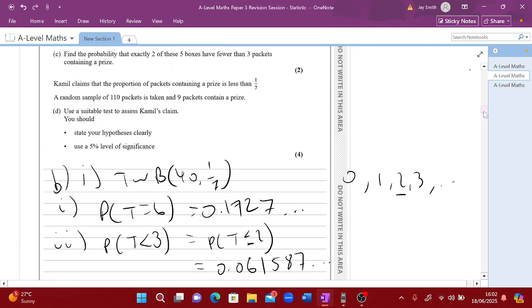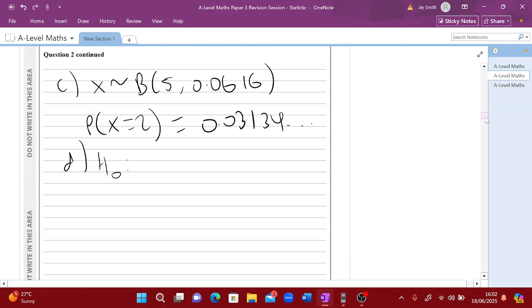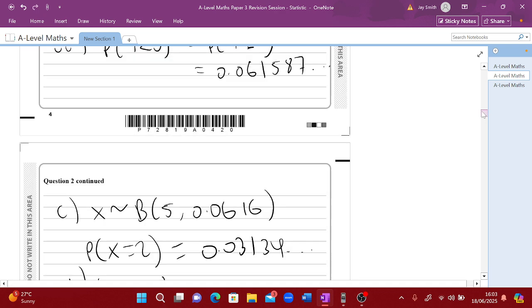Because we're saying the proportion, or the probability, of a packet containing a prize is less than a seventh. So the null hypothesis H0 is that nothing's changed, so the probability will still be a seventh. And then H1, we're specifically saying the alternative is that the probability P is less than a seventh. And that's what we're testing.